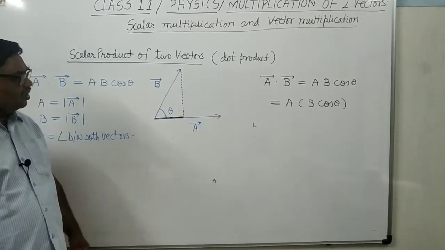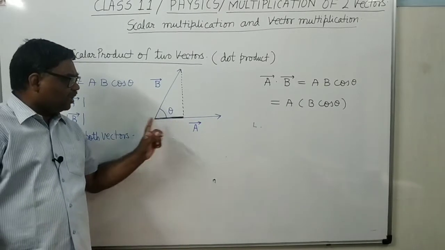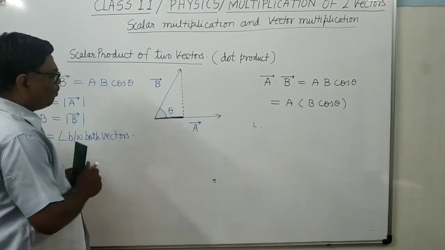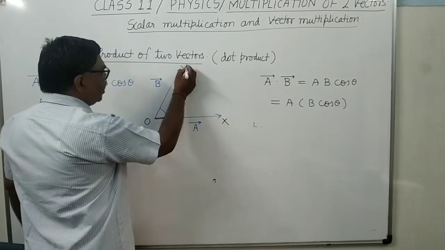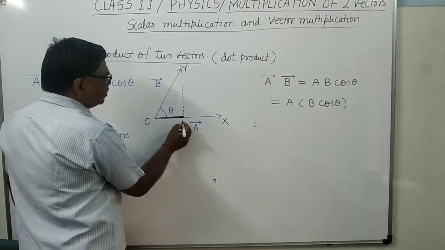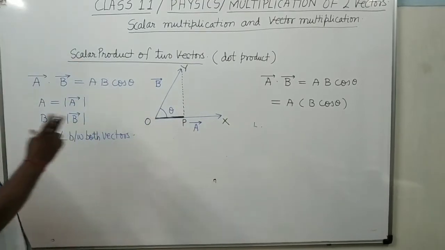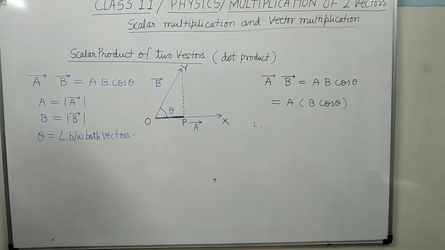Now see here, it is equal to this length multiplied by this length. If you represent it by symbols, this is O, X, Y, and here I have taken this P. So it will be equal to OX into OP.